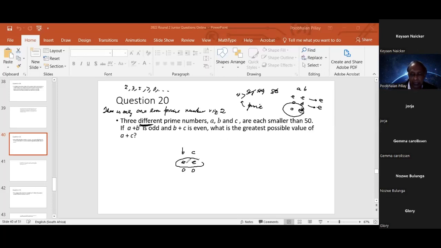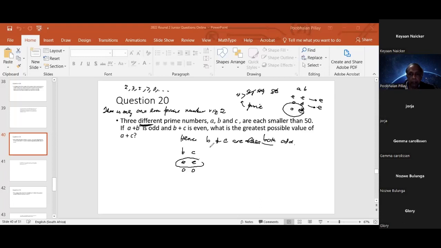You can't have both of them even because then both of them will have to be 2, in which case these 2 prime numbers are equal, and that's not what we were told. So now you have to conclude B and C are both odd because the sum is even.